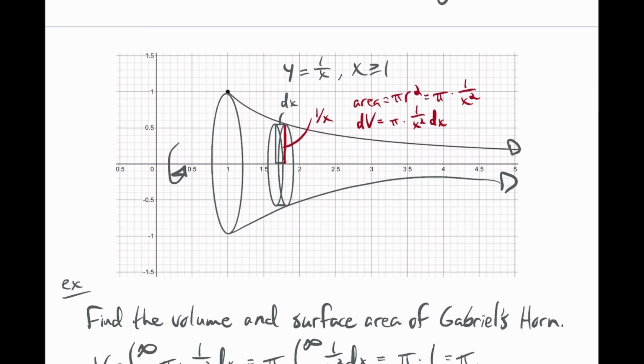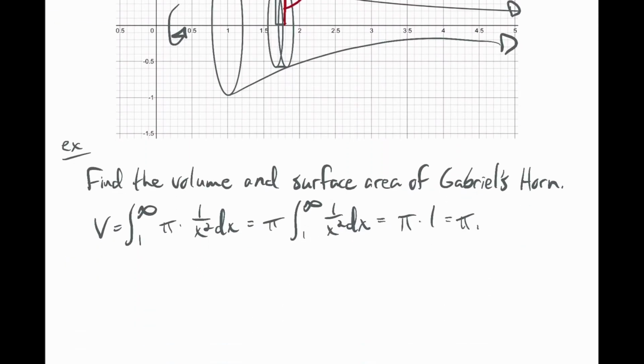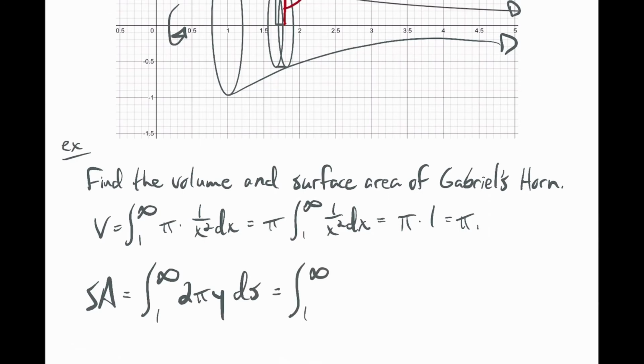For surface area, we're going to need to use this formula, the integral from 1 to infinity of 2 pi y ds. So this will be the integral from 1 to infinity of 2 pi times 1 over x, times the square root of 1 plus (dy/dx) squared, dx.